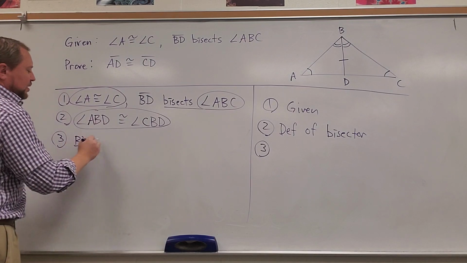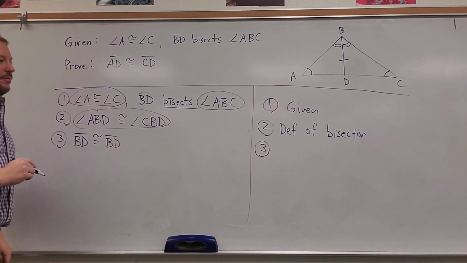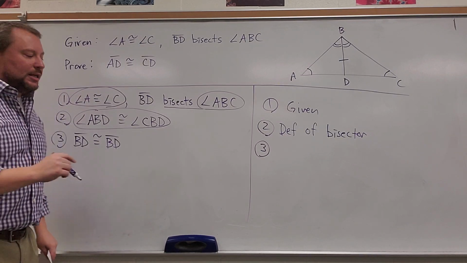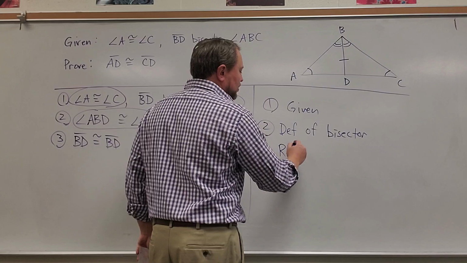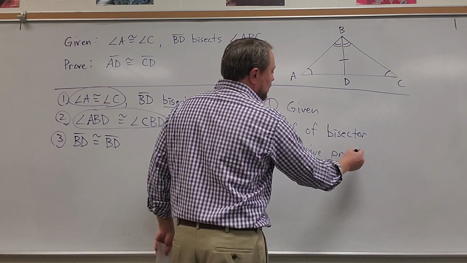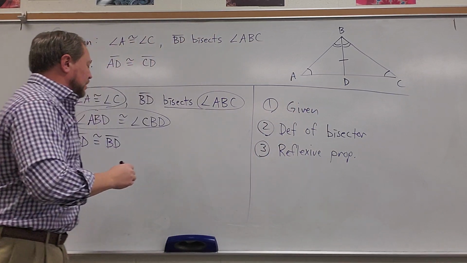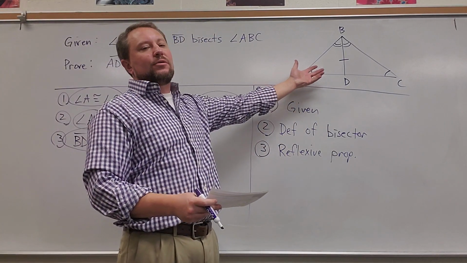So we can say BD is congruent to itself. Remember the reason? Anytime you say anything's congruent to itself, you're using the reflexive property.